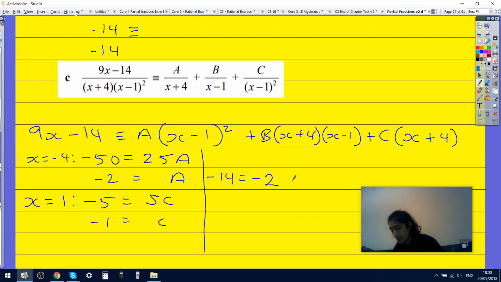And then 4 and 2, plus 2 is minus 12, plus 4 is minus 8, equals minus 4b, and then b equals 2. Yeah, that's it. B equals minus 2.